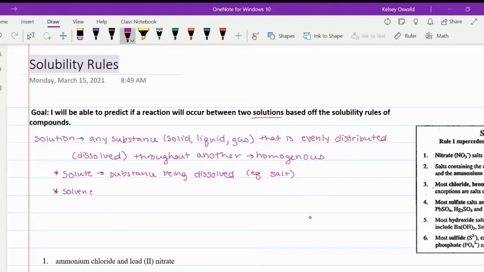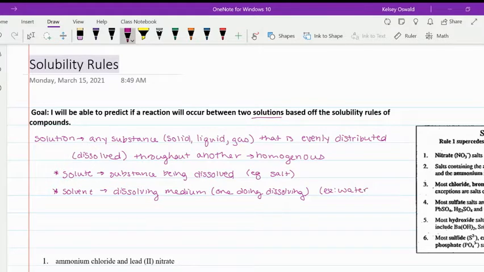The solvent is our dissolving medium, or the substance doing the dissolving. So in our salt and water example, our water would be our solvent.